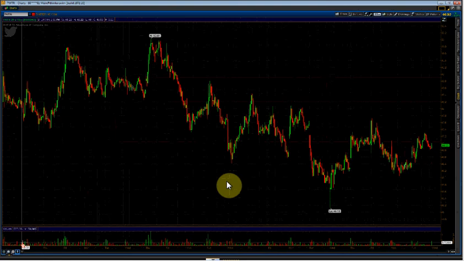Okay. Then we switched to the 15. We couldn't just automatically say, I trade the 60 with fibs, so I got to trade the 15 with fibs, right? We couldn't do that. We had to say, I got to pretend this is a completely different chart, a completely different ticker. Because if I'm going to trade that 15-minute chart, I want to know what will most effectively trade that 15-minute chart.